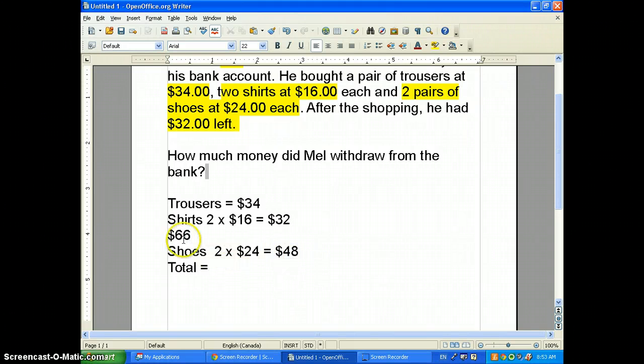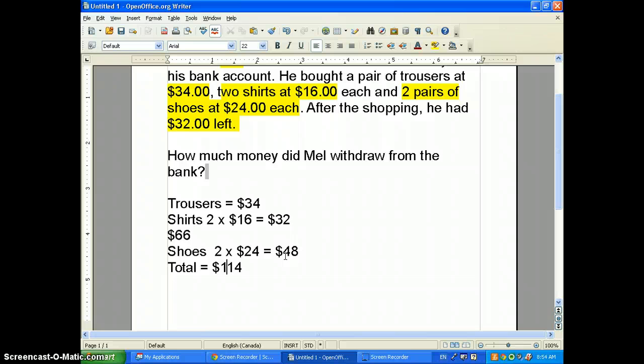That's going to give me the total of everything. 6 plus 8 is 14. So I put the 4 and I carry the 1. 6 plus 4 is 10, plus 1 is 11. So 114. So he spent $114. That's not the answer.